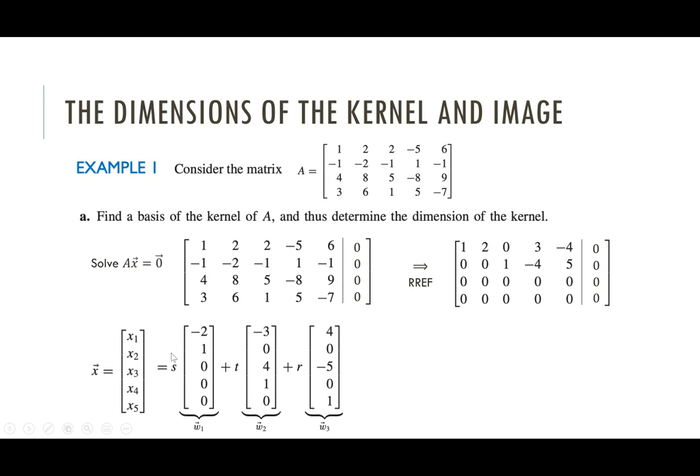And so this is our kernel. It's the span of these 3 vectors.